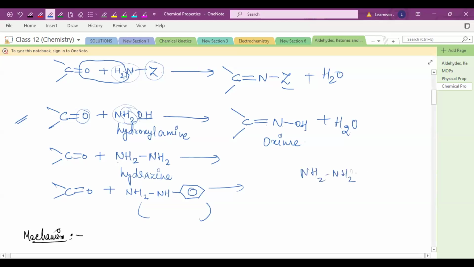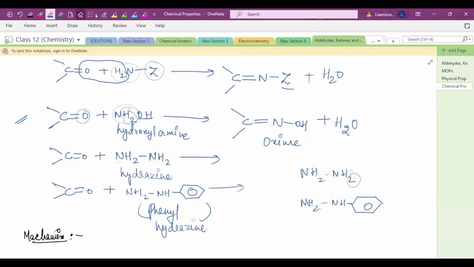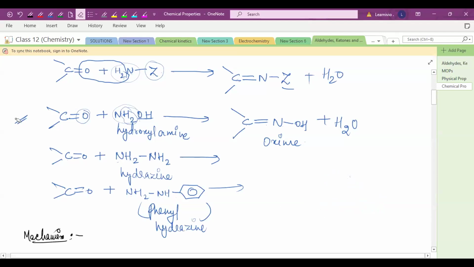And if one hydrogen of the hydrazine is replaced by a phenyl group, what is this? This is your phenyl hydrazine, right? That's why I told you, just revise your notes after the class.